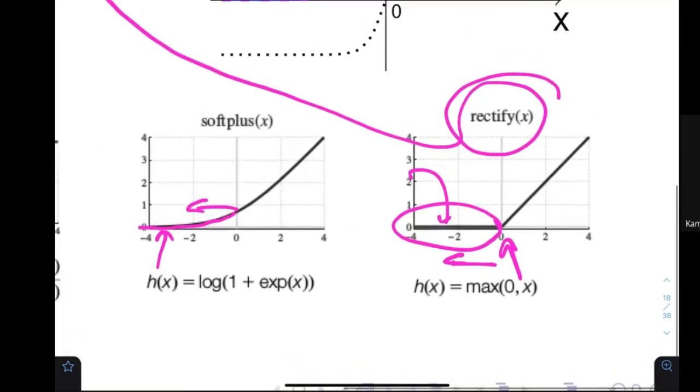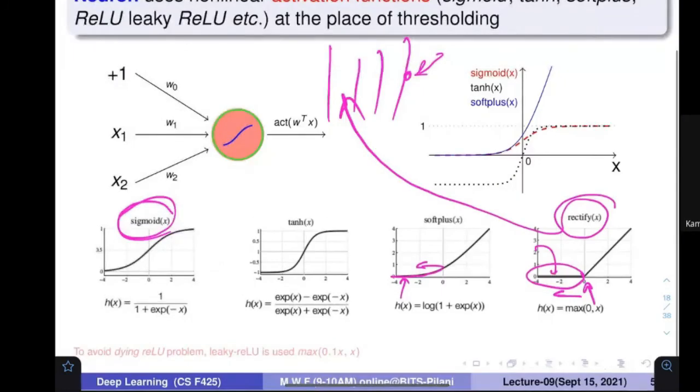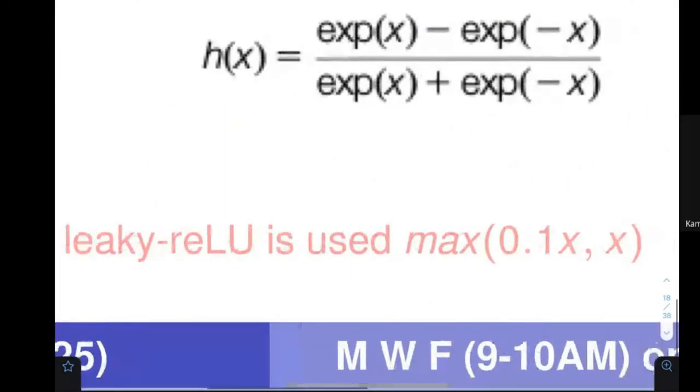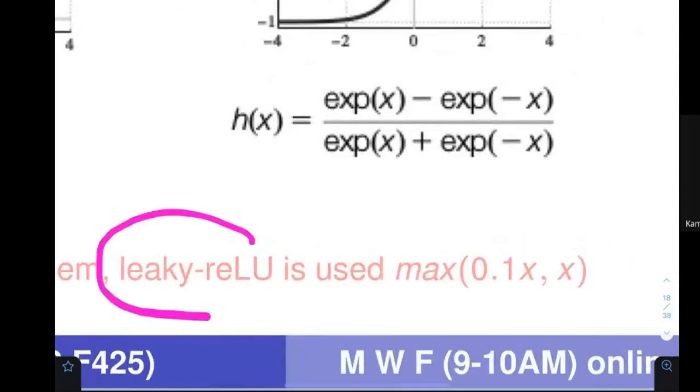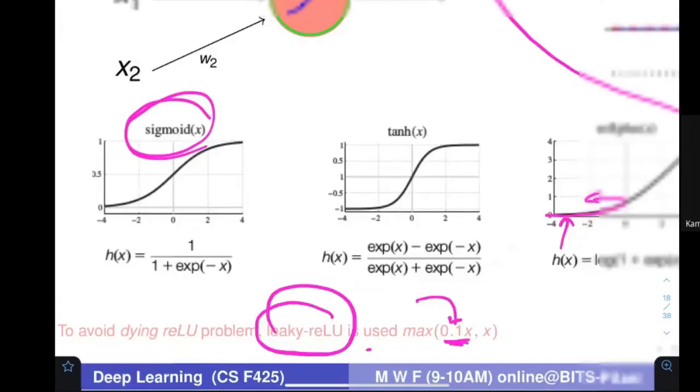Again, there is a problem with the rectilinear unit, and therefore the solution comes as leaky ReLU. This says that instead of having 0 at this particular place, you put a small number, maybe 0.01 multiplied by x. So there would also be learning.